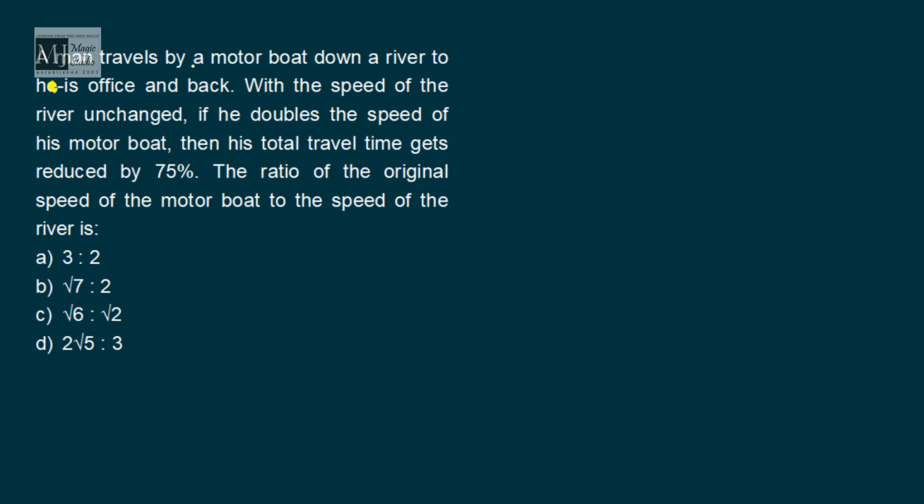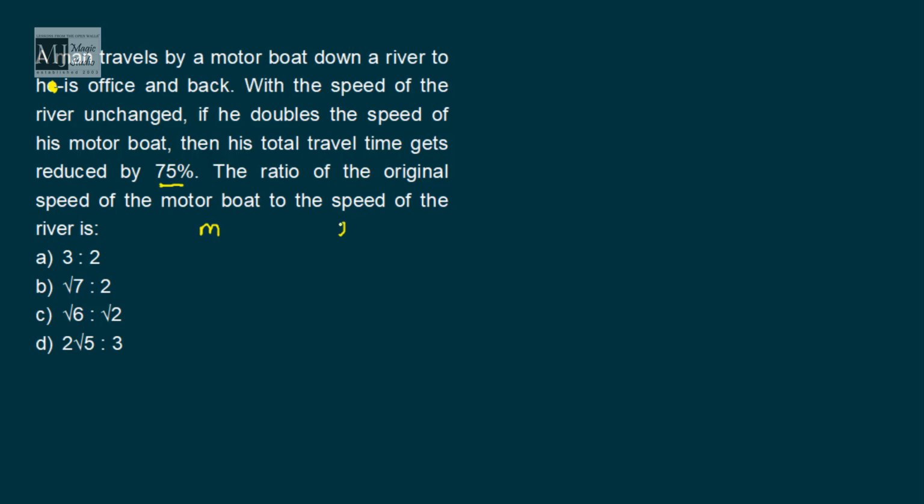A man travels by a motorboat down a river to his office and back. With the speed of the river unchanged, if he doubles the speed of his motorboat, then his total travel time gets reduced by 75%. What is the ratio of the original speed of the motorboat to the speed of the river?